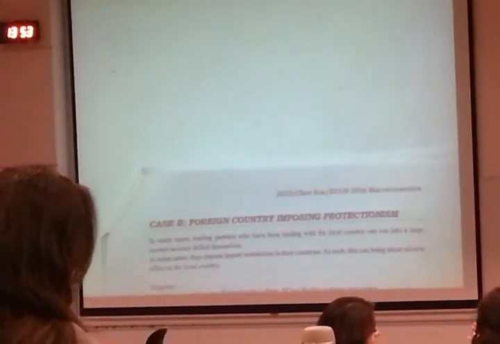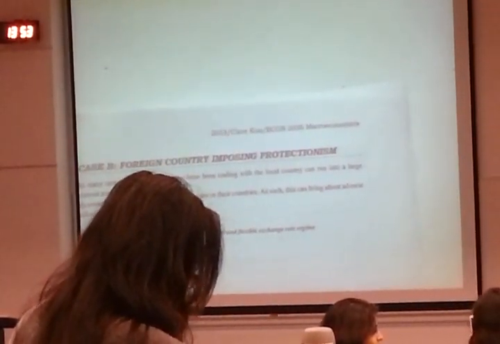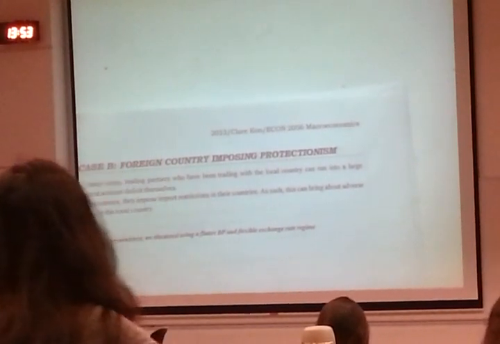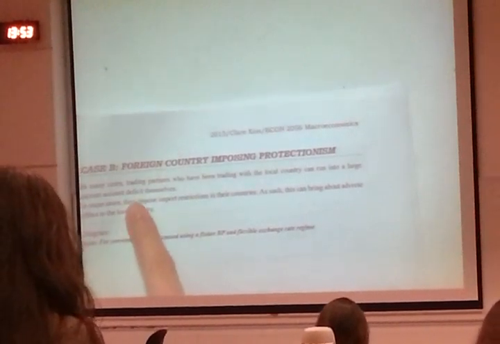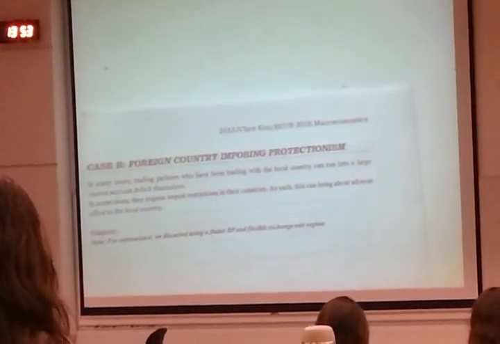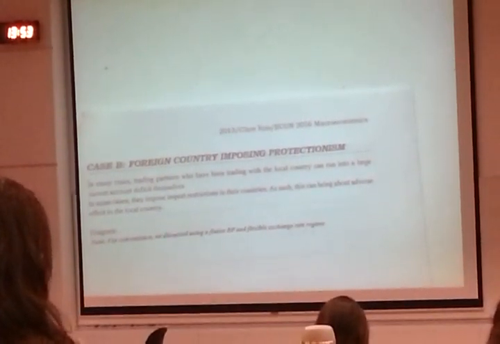Now let's look at protectionism. Our case B. Protectionism is an act that government may undertake when the BP is in a deficit because of a large current account deficit. Countries like the US tend to run a huge deficit, so local firms in the US cannot sell.